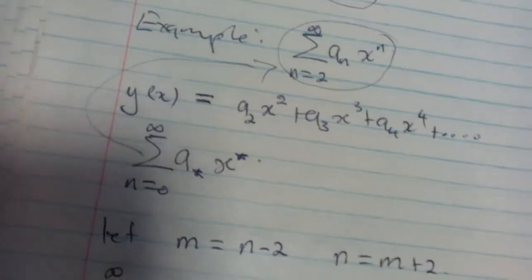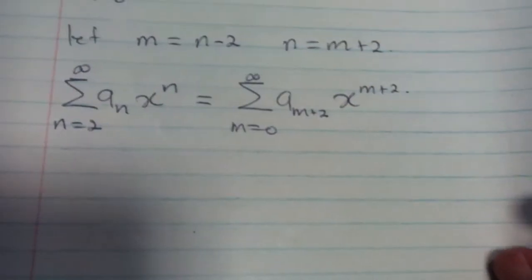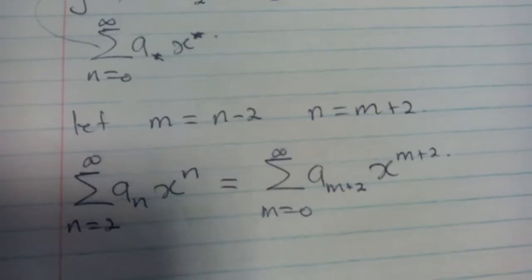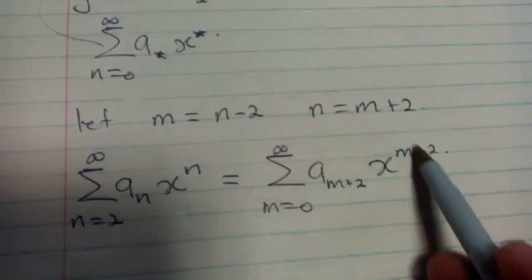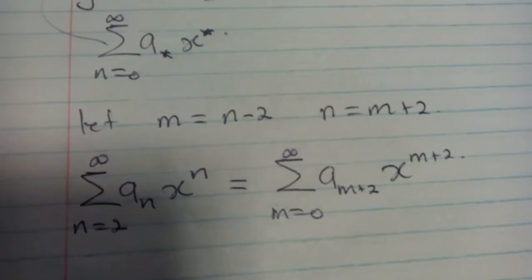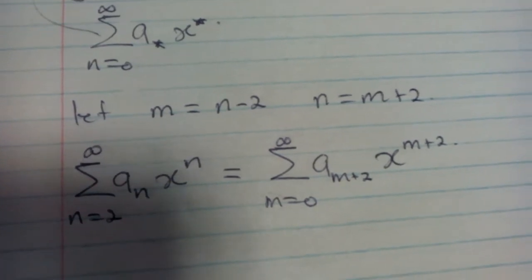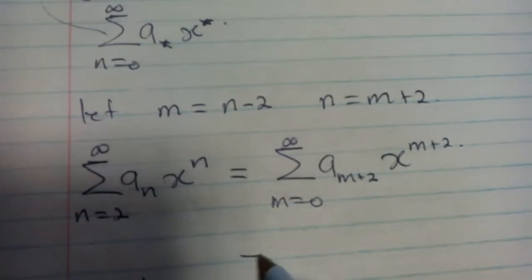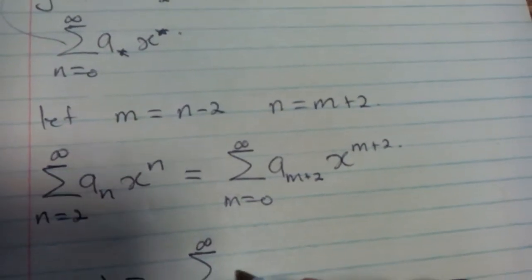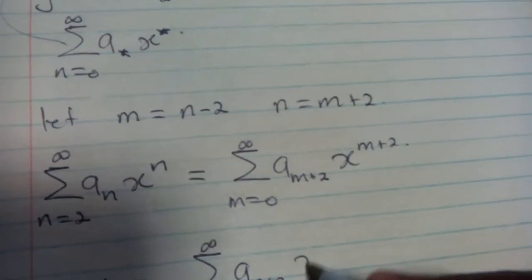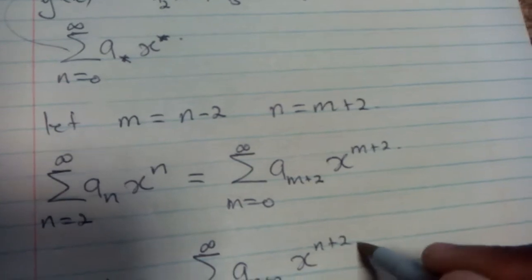And I can still change this m back to an n, so that I can now write y of x to be equal to the sum from n equal to 0 up to infinity of a_(n+2) x to the n plus 2.